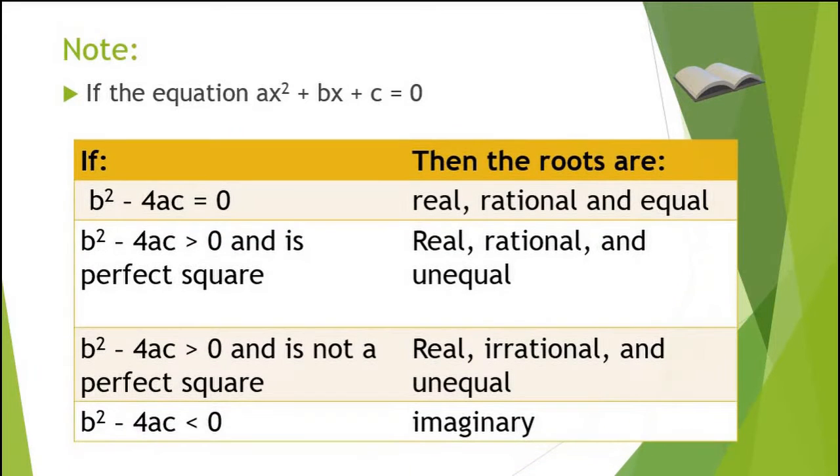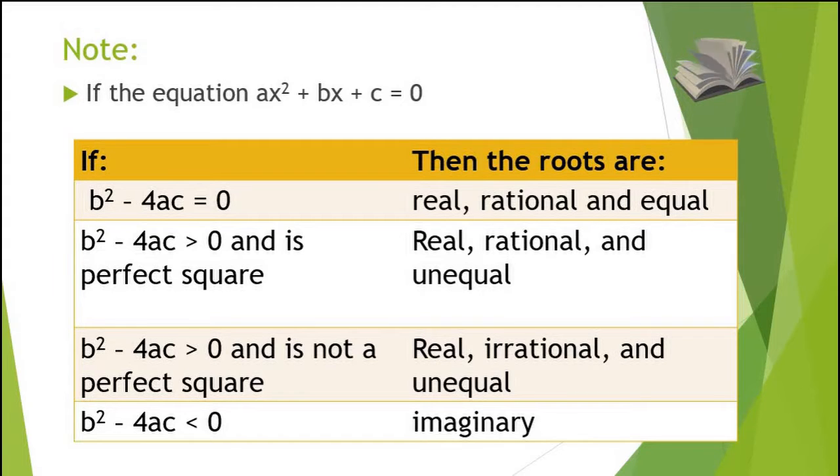Note, for the equation ax squared plus bx plus c is equal to 0: if b squared minus 4ac is equal to 0, then the roots are real, rational, and equal. If b squared minus 4ac is greater than 0 and is a perfect square, then the roots are real, rational, and unequal.